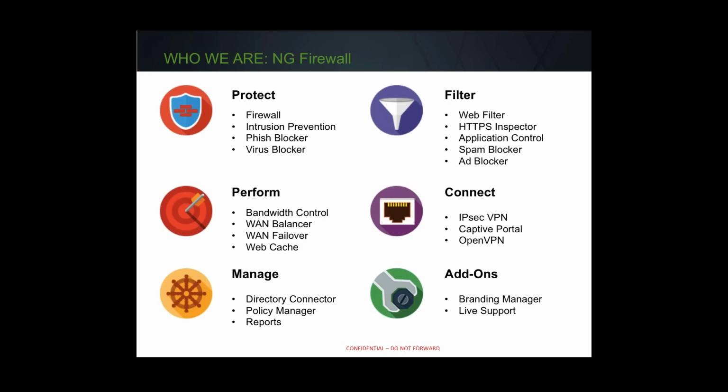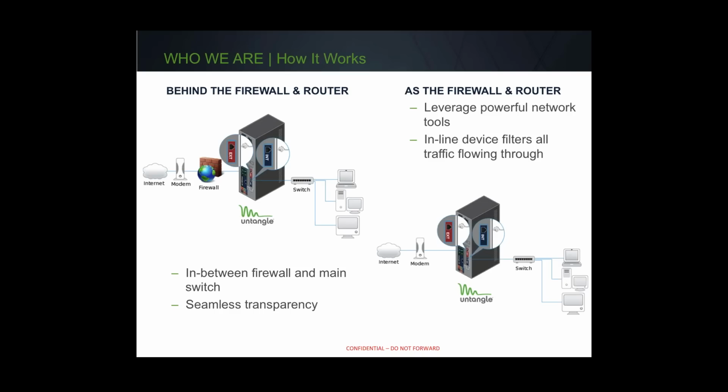As you can see on this screen, these are all of the areas that Untangle performs well, whether it be protecting, performing, managing, filtering connections, or something as simple as branding it to make it your own, and offering support to clients or yourself through our support channel. Today, again, we're going to feature Directory Connector and Policy Manager, so we'll move on to that as well.